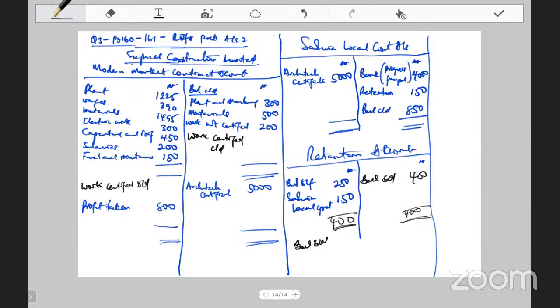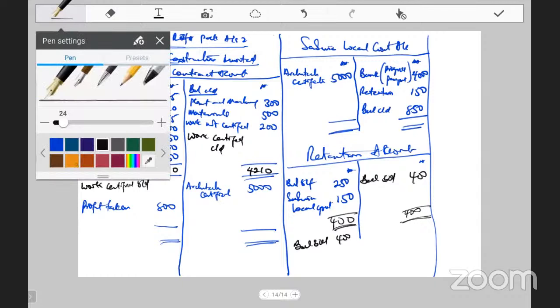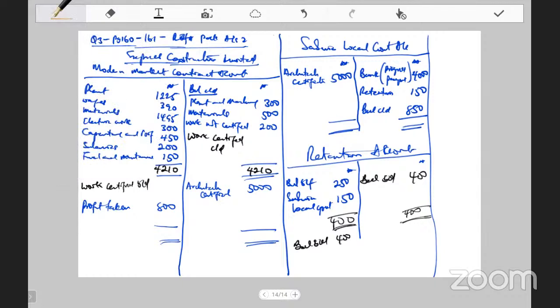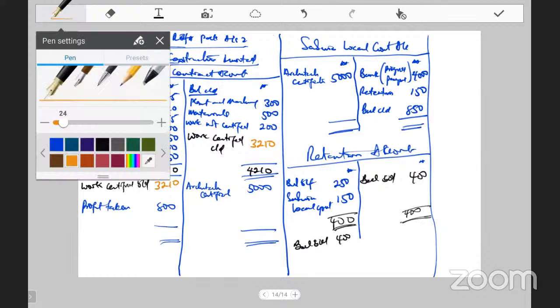The debit side of the contractor's account is how much? 4210. So what's now the balance carried down? 3210. So I have 3210, and this is 5,000.